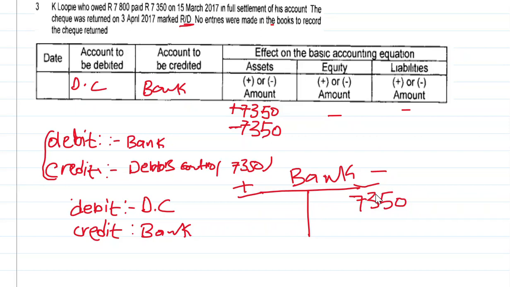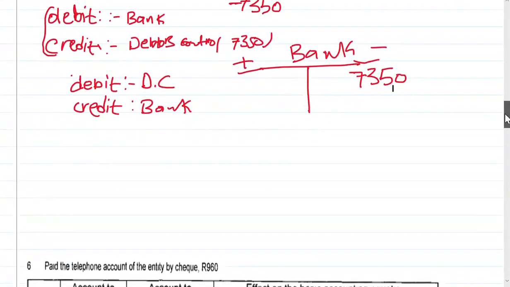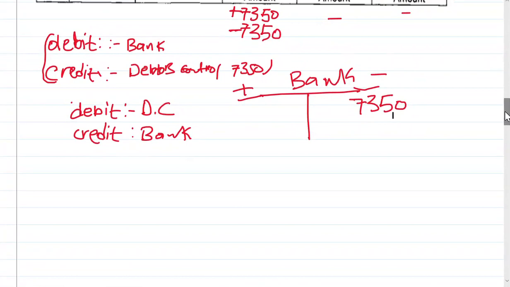Then let's just go down a little bit. Okay, so that's a bank. Then let's see the debtors control when we are doing our account. Debtors control will be like this.